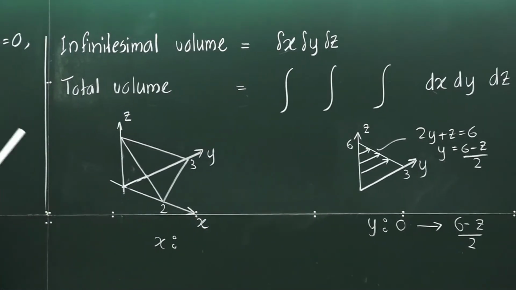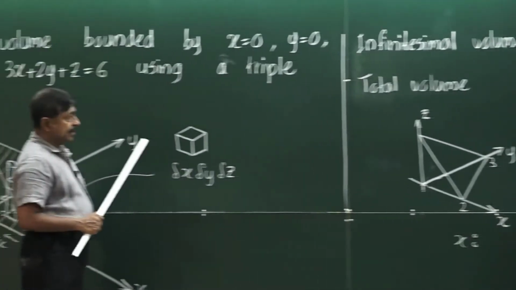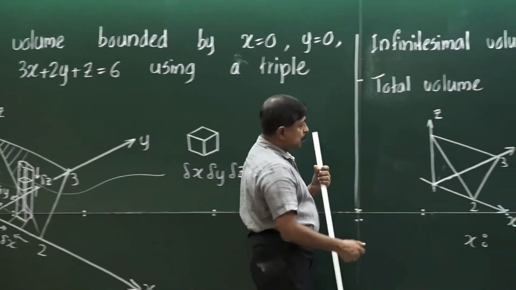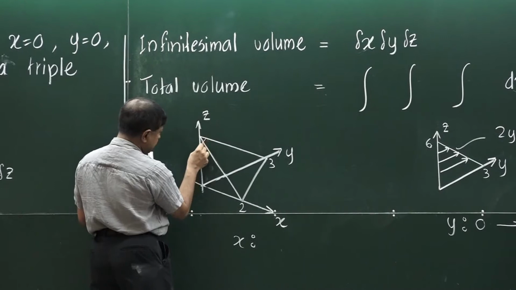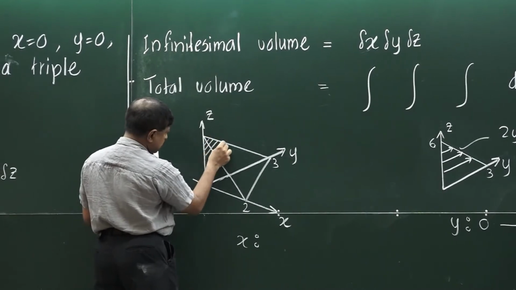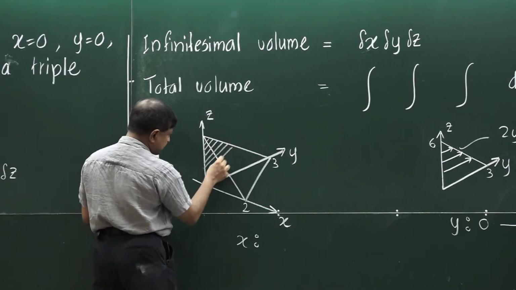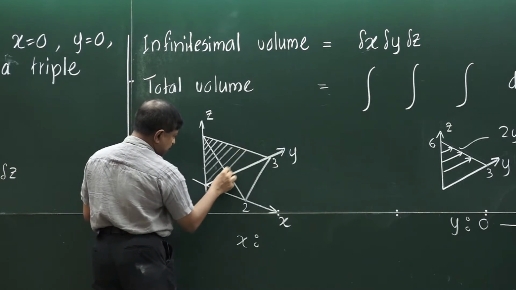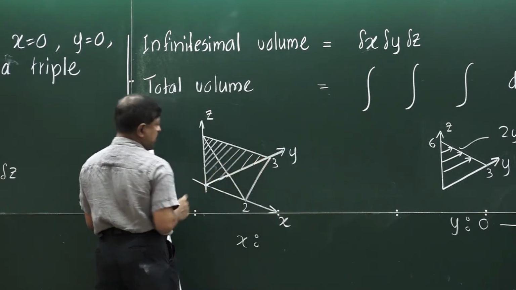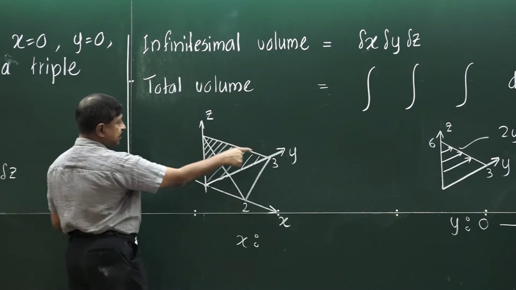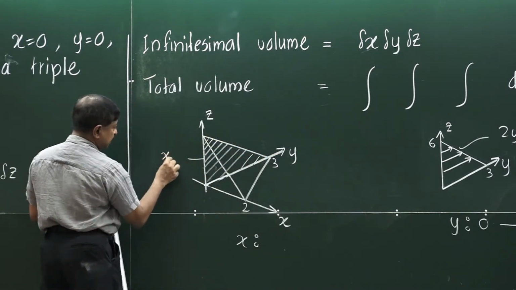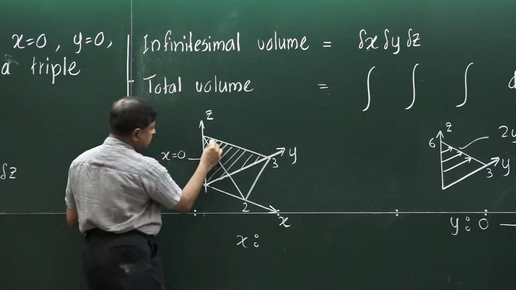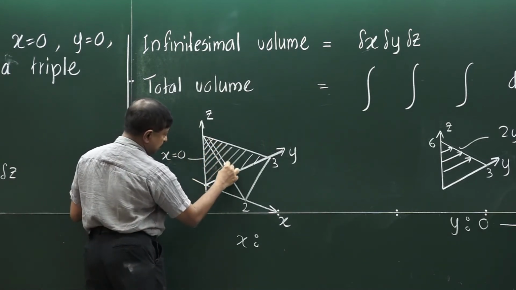Now, the limits of x can be obtained like this. Look, x varies from the plane sitting right here, that means the yz plane, where x is equal to 0, to this plane.